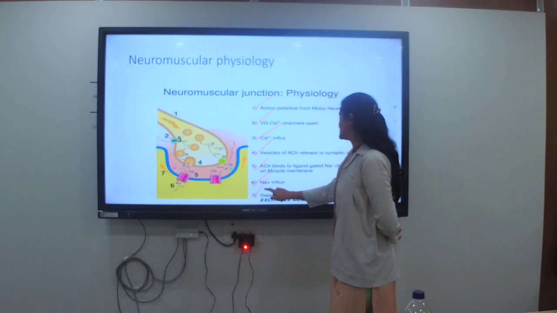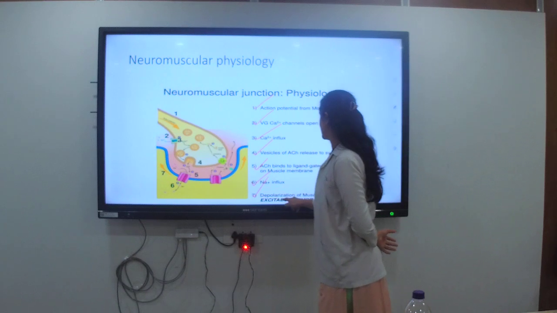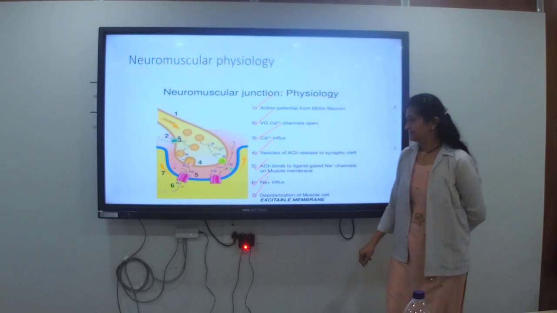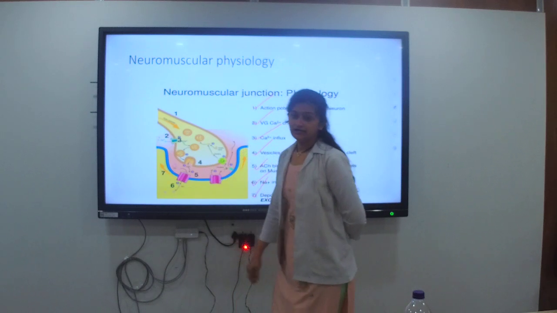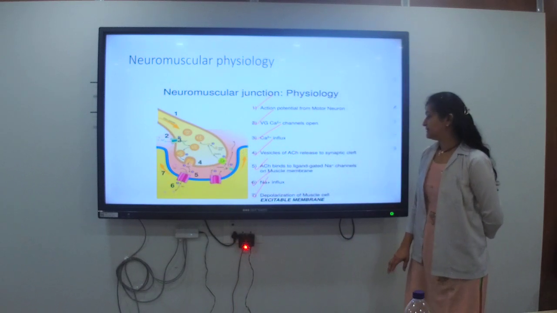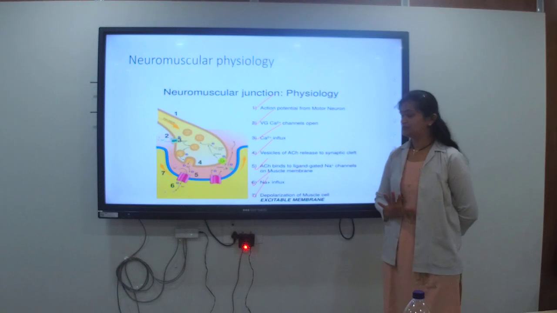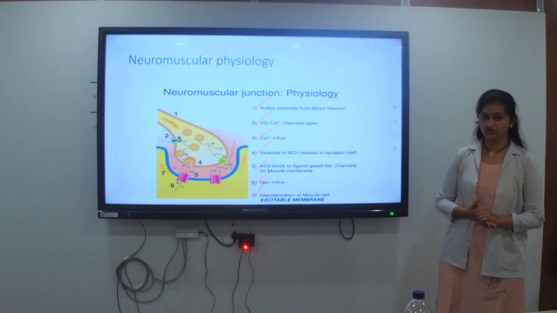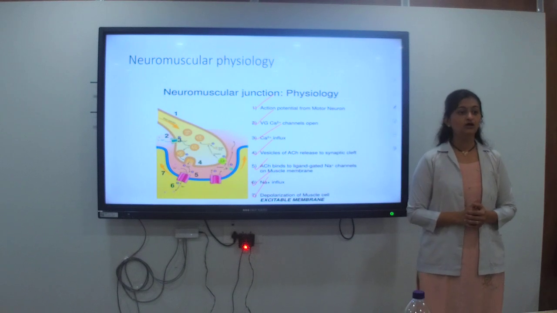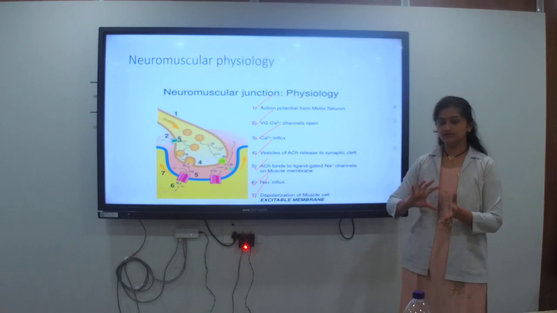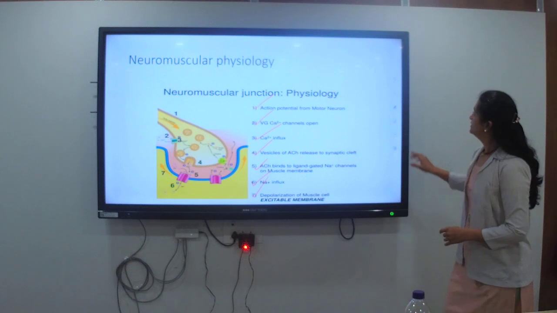And the last, seventh point, is depolarization of the muscle cell or the excitable membrane. Depolarization occurs in the membrane. So this is the whole physiology. These are the steps which take place at the cellular level to produce neuromuscular coordination.